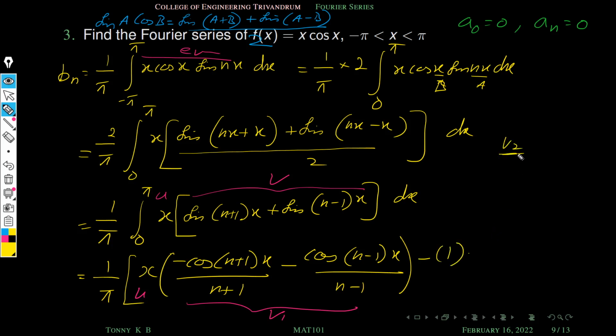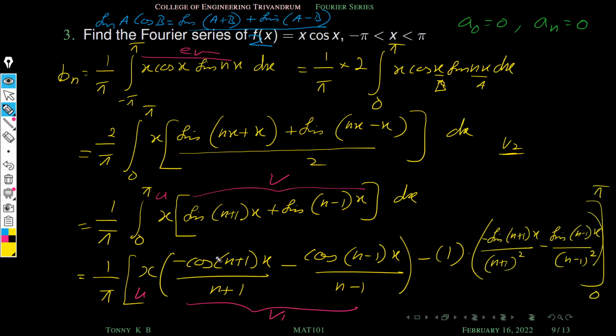What is v2? v2 stands for the integral of this entire v1. So this becomes minus sin((n plus 1) x) by (n plus 1) squared, because there is already an (n plus 1), and similarly the integral of the other term is minus sin((n minus 1) x) by (n minus 1) squared, from 0 to pi. So this is our u1, the derivative of u, and this full term is v2.